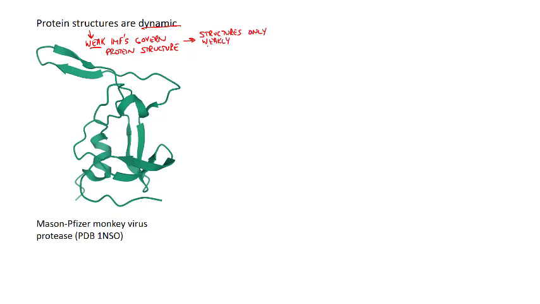They're at a minimum of free energy, but it's not a very deep minimum of free energy. And therefore, structures are somewhat variable. And most protein molecules can exist in several different but closely related conformations.